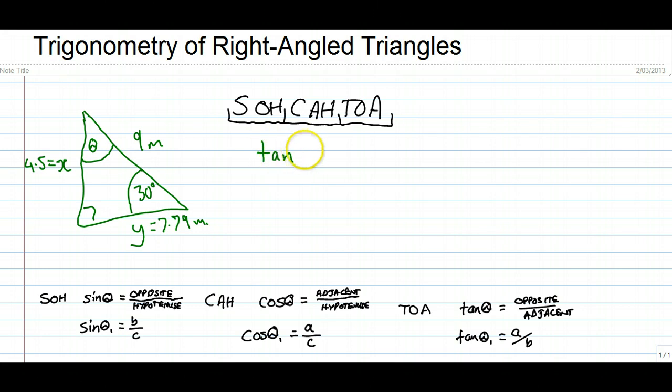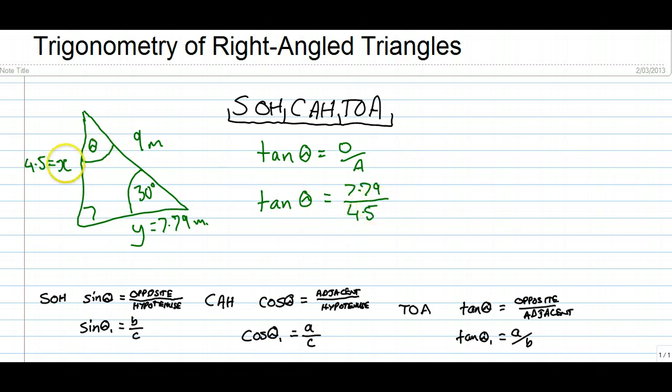Okay, tan theta equals the opposite side divided by the adjacent side. Okay, let's put in the values that we've got. We don't have theta this time, so that remains unknown, it remains theta. But we do have the opposite side to theta, which is 7.79 meters, and we also have the adjacent side, which is 4.5 meters.